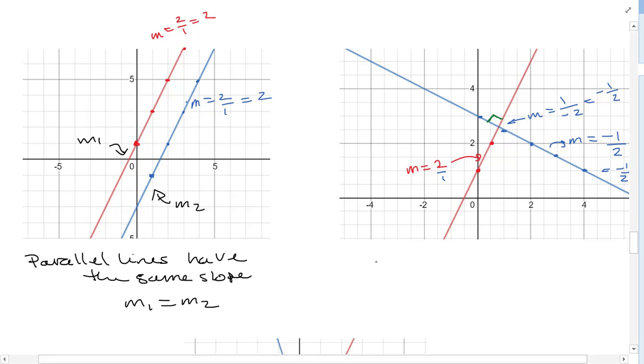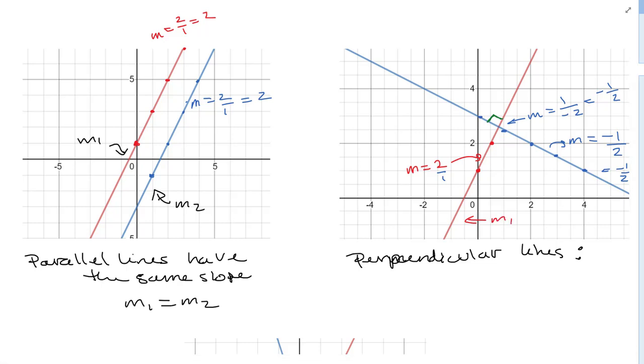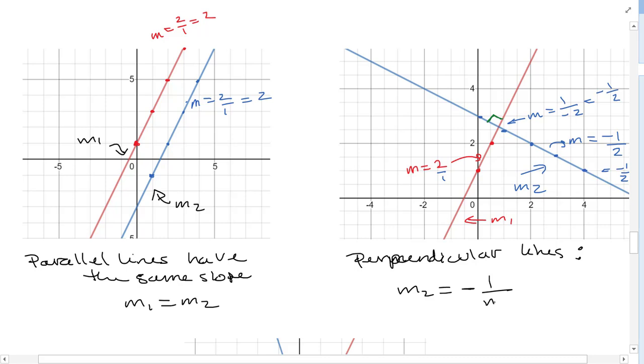So perpendicular lines have slopes that are negative reciprocals of one another. So if the red line has slope m1 and the blue line has slope m2, then we can say that m2 is the opposite reciprocal of m1.